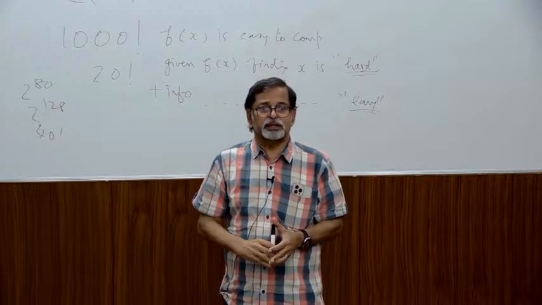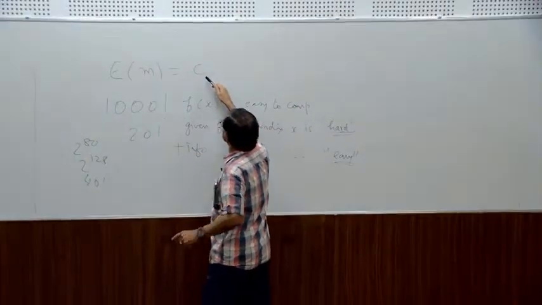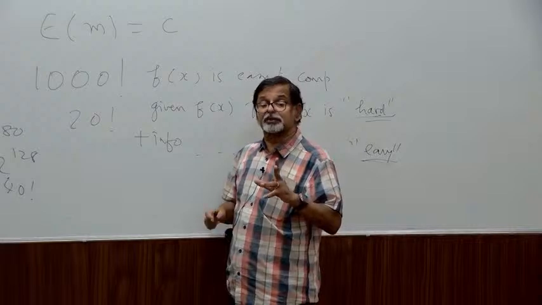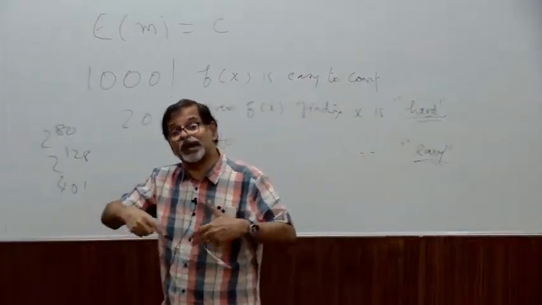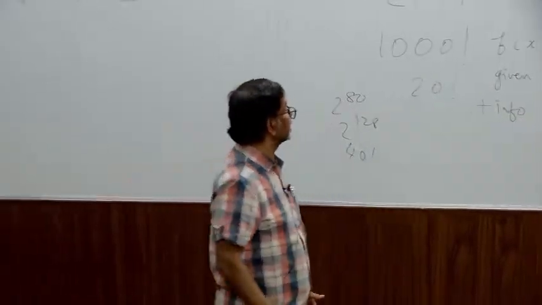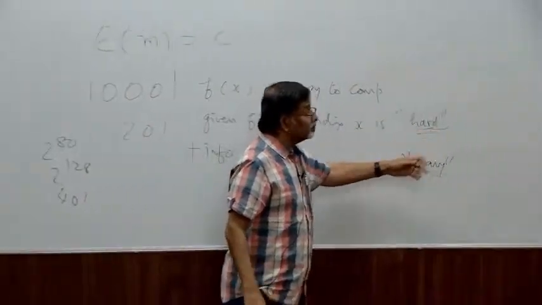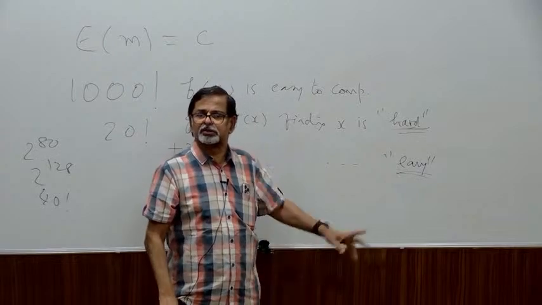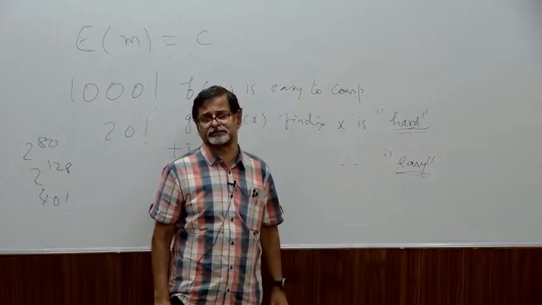Therefore, the decryption, I mean discovering the M, although you have a one-way function, could become easy if I use randomness and some allied or related information. So, given f of x, finding x should be hard even if you use randomness, even if you have some related information.